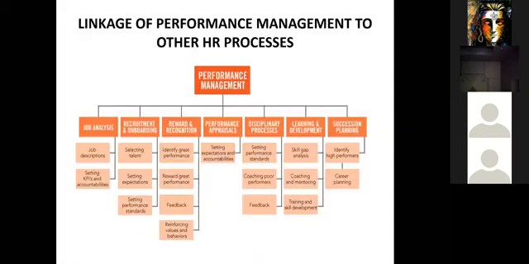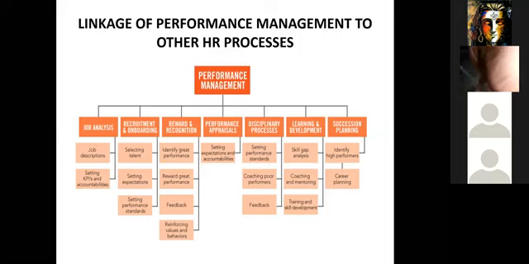And linkages of performance management to other processes. What are the linkages? We know very well it is a combination of different processes. We start with job analysis. We know very well as HR or HRM, we have the concept of job analysis.